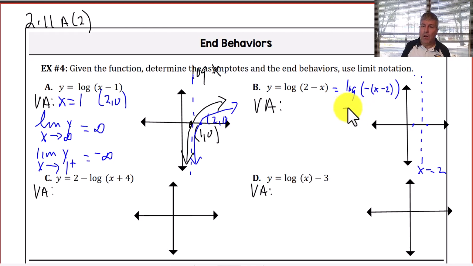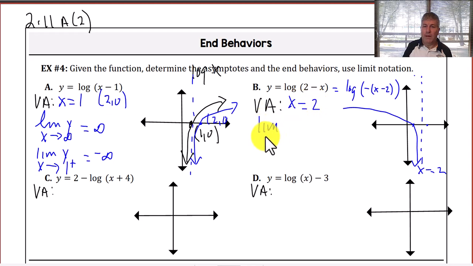But now our graph is going to look something like this, because we're reflecting all our points over that new vertical asymptote. So that vertical asymptote occurs at x equals 2.